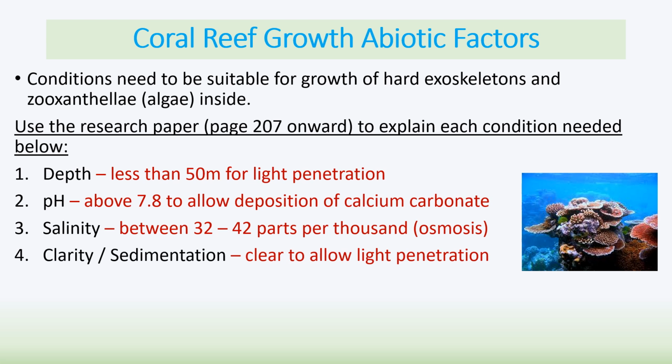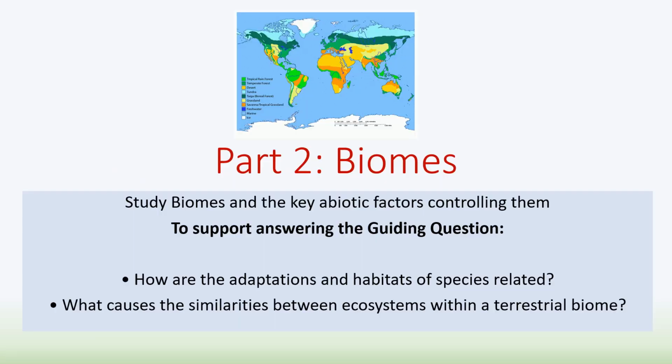There has to be a level of clarity or a reduction in sedimentation. Basically, the water has to be clear to allow light to penetrate through it. It's no good being at a low depth, but actually having soil everywhere, causing no sun to be able to get through. Temperature has to be between 23 to 29 degrees C on average, which is allowing enzymes to work efficiently in the algae.